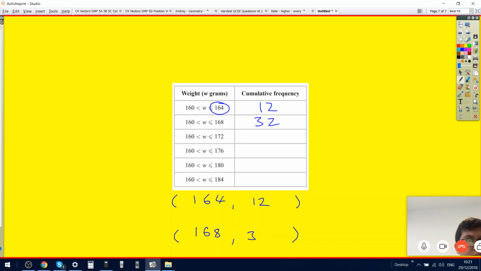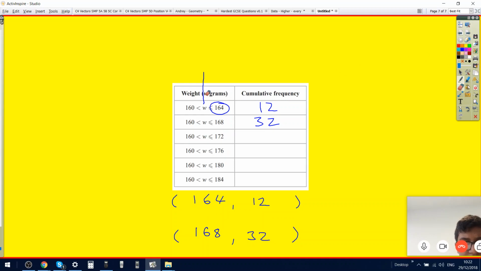There are other things where you use the midpoint, like a frequency polygon. The reason is that if there's 12 apples between here, on average half will be 162 or less, half 162 or more, but all 12 will be 164 or less. All 32 are 168 or less.